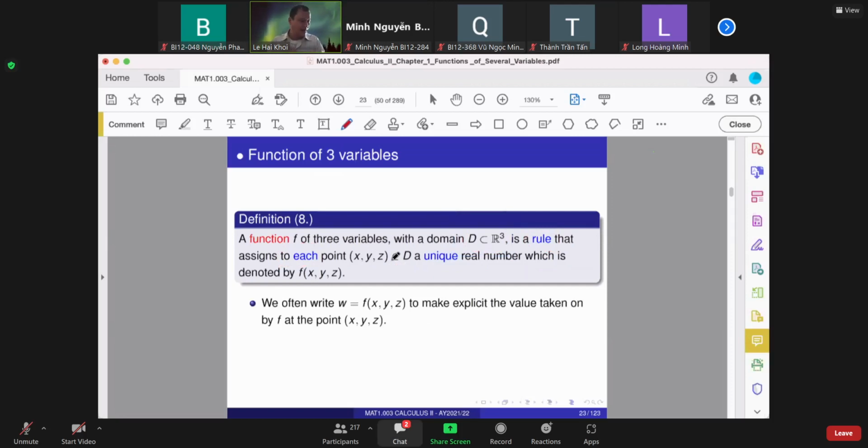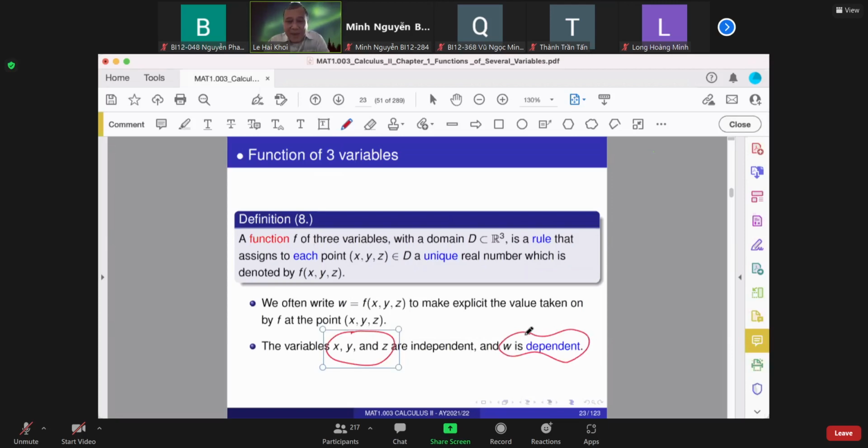Because we already use x, y, and z, now we write w = f(x, y, z) to make it explicit. Surely now we understand that we have three independent variables, while w is dependent. It depends on what x, y, and z are.